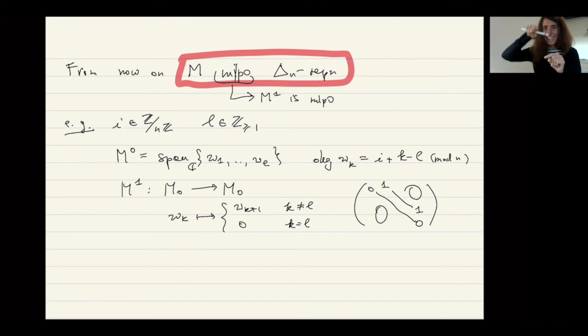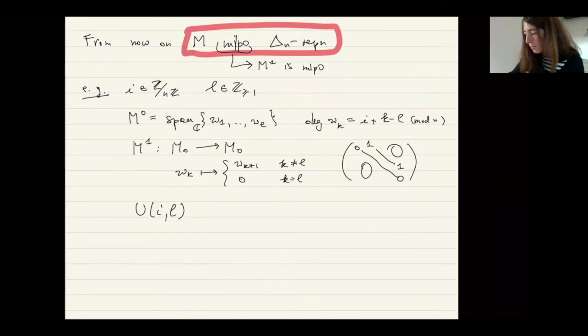And then I have an arrow when my operator is sending one vector to the other. So I have a sort of string, something looping around my delta n, starting in i, or ending in i, of length L. I'll call this guy U_{i,L}. That's for sure a nilpotent representation.